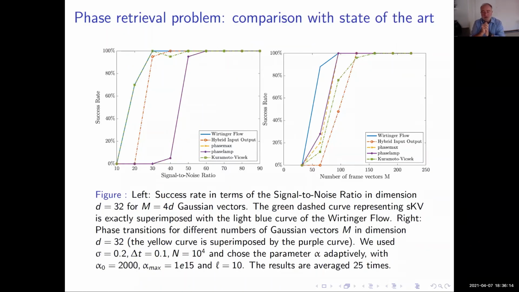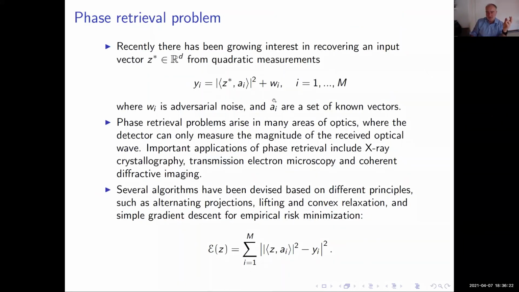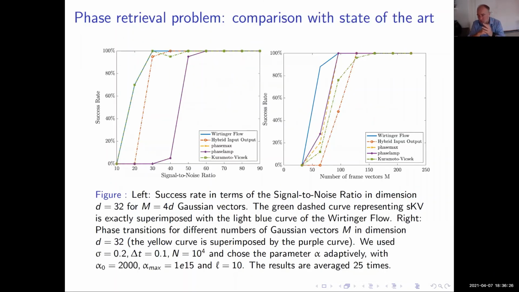And so if we compare the consensus-based optimization with many other algorithms that have been designed to solve this problem, state-of-the-art algorithms, including algorithms that make use of gradient information, which means that they use higher order information, it turns out that the consensus-based optimization works perfectly well for this problem.